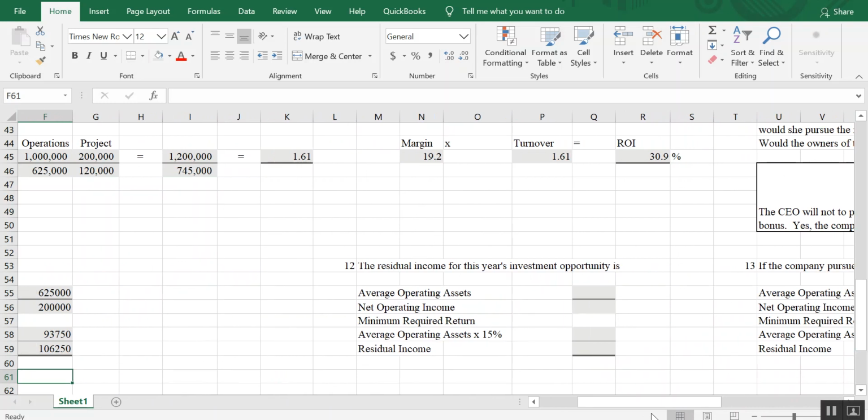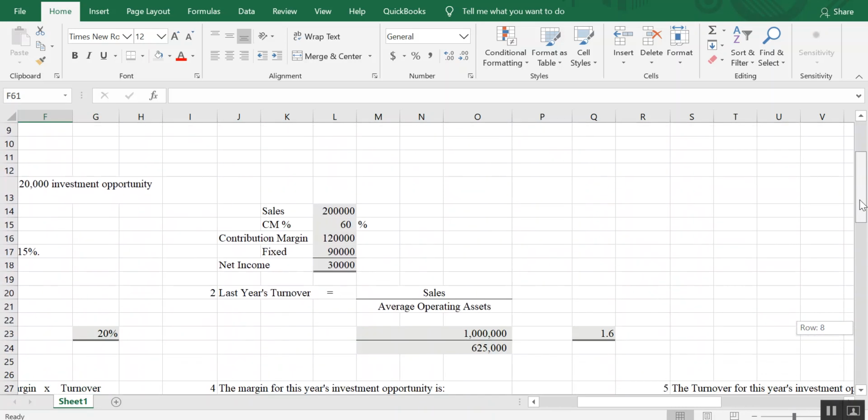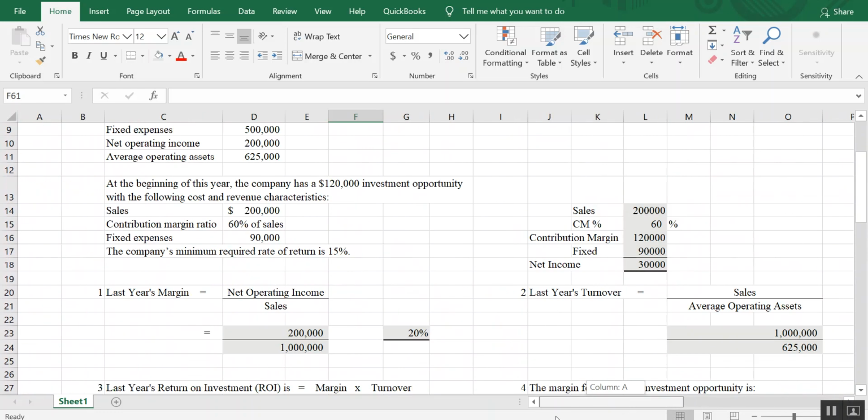It asks us, okay, what's the investment opportunity's residual income? The residual income for only the investment opportunity. Now remember, going back to this, we're looking at the initial investment in the project as the average operating assets. So we have average operating assets of 120,000 there.